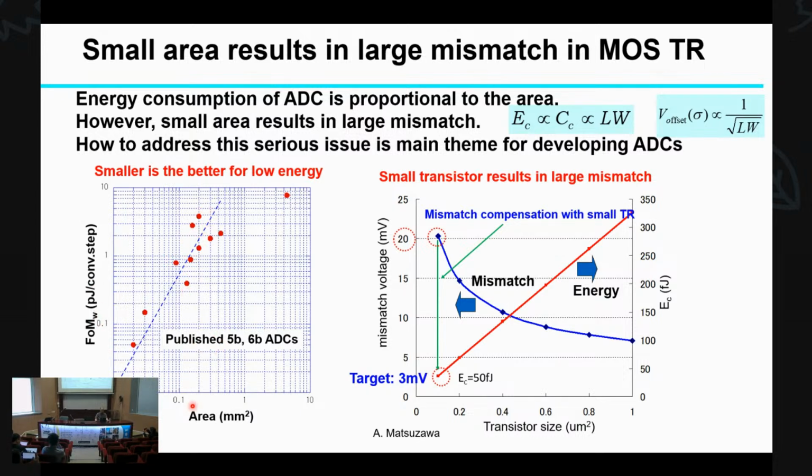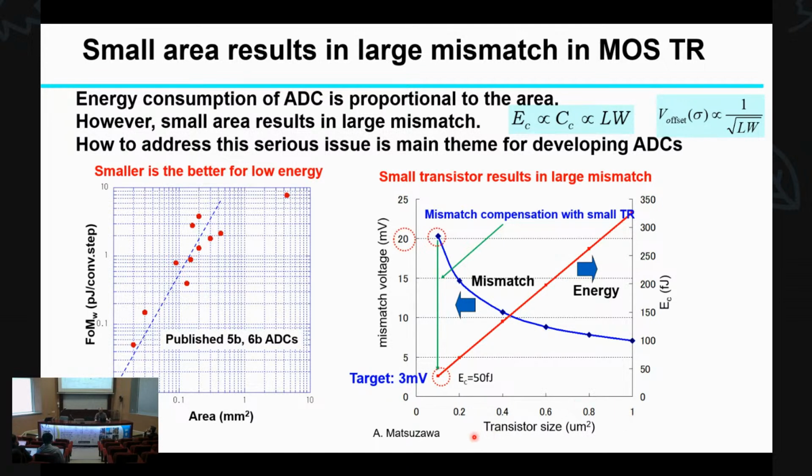This plot is area versus energy for published 5-bit and 6-bit CMOS ADCs. As you can see, a large area results in large energy. So if we want to realize a low energy, low power ADC, we should reduce transistor size.